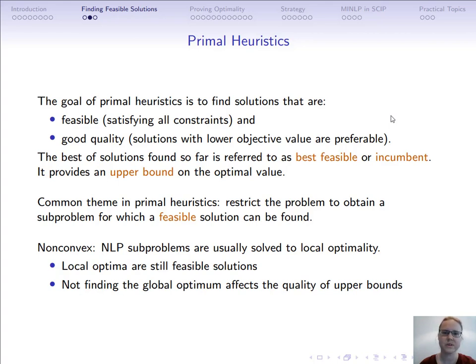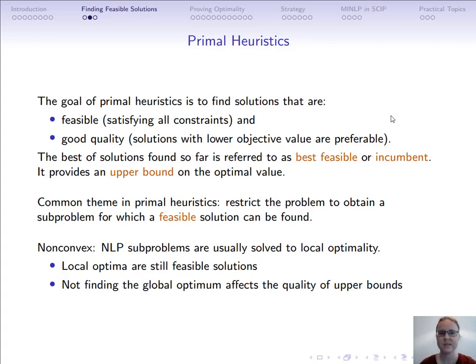And this solution provides an upper bound on the optimal value. That is, we already know that we have at least one solution that has this value of the objective function. And therefore, we are not interested anymore in solutions that have higher values of the objective function, that have lower quality.